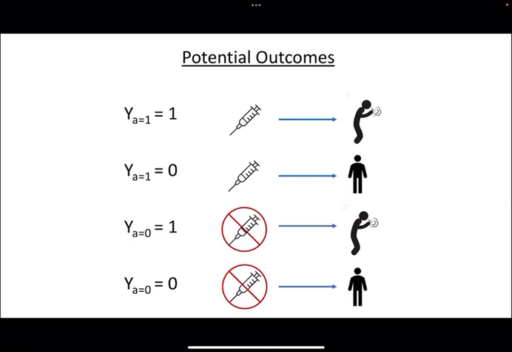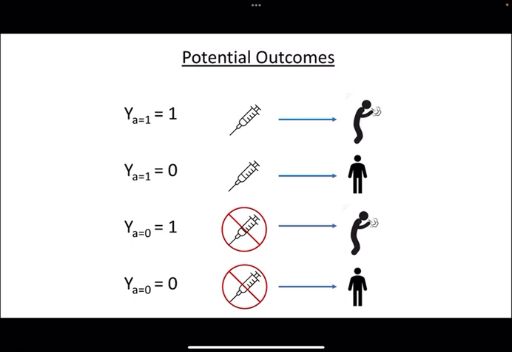So that leads us to this concept of potential outcomes. For each combination of exposure and outcome, when there are two exposure groups and two outcome types, so getting the vaccine and not getting the vaccine, or getting sick or not getting sick, that leads to 4 combinations of exposure and outcome, and each individual will only have one observed thing occurring.